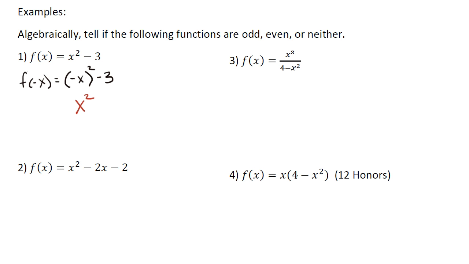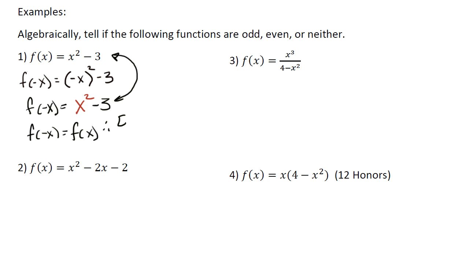So I get back x squared, minus 3. And what we notice is that this and this are exactly the same. So what we're saying here is f of negative x equals f of x. Therefore, you are an even function.